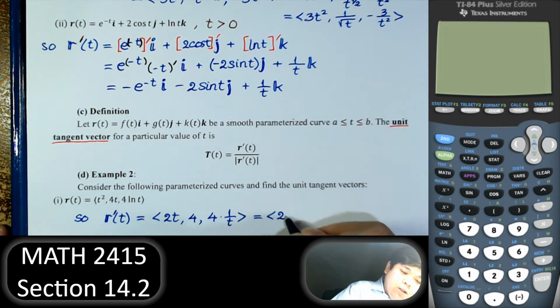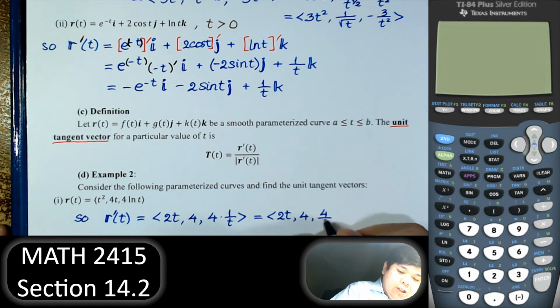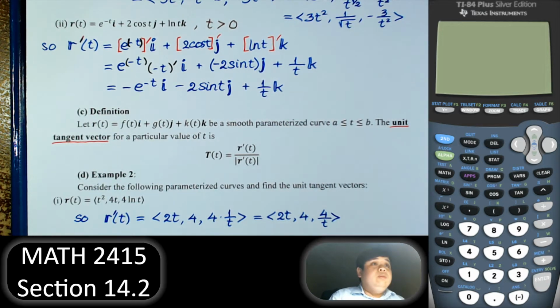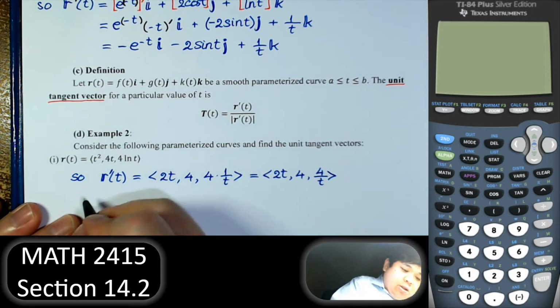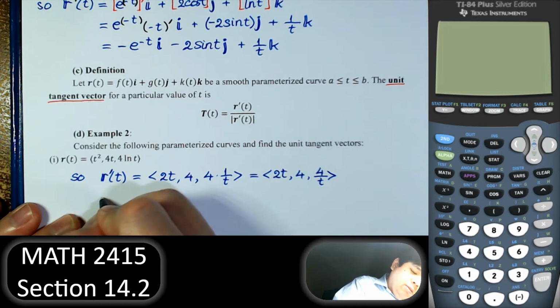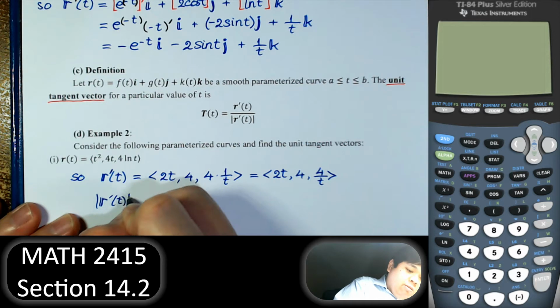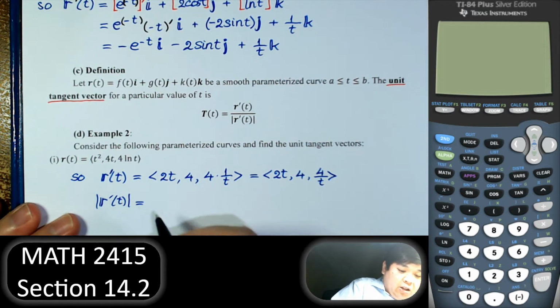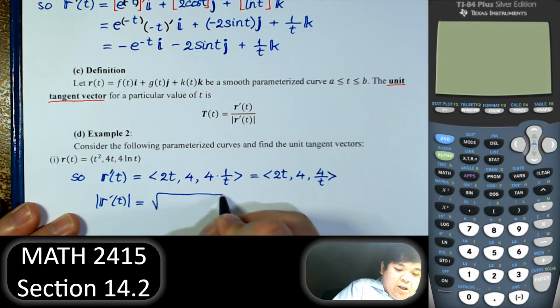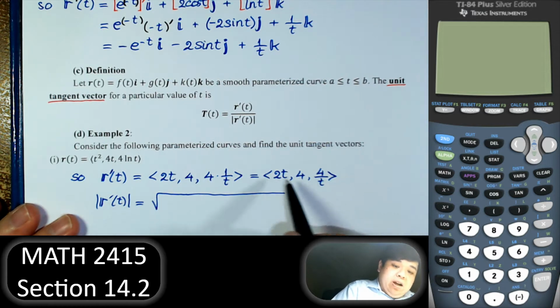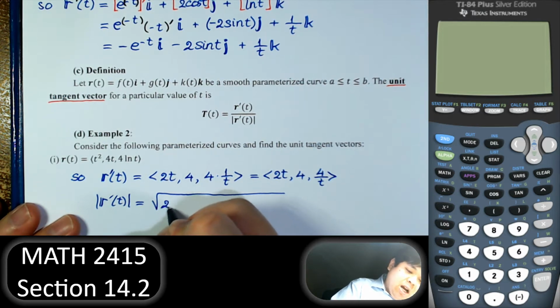So 2t, 4, and 4 over t. And then the magnitude of that vector, it is still just a vector, so we have the square root of the sum of the squares of the components, so the Pythagorean theorem.